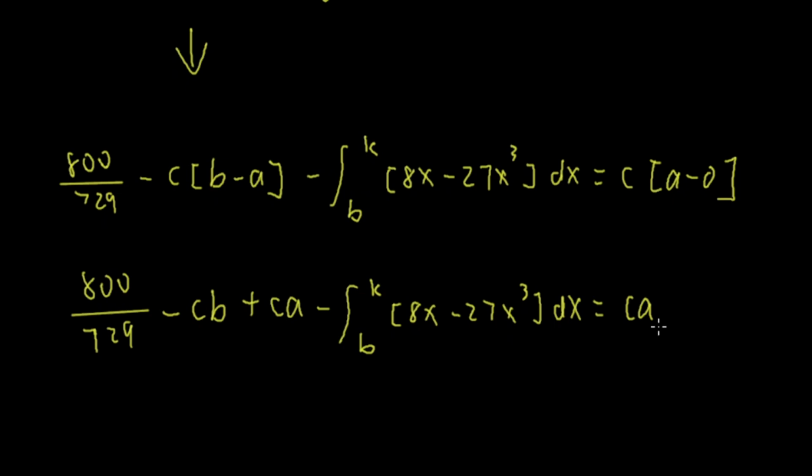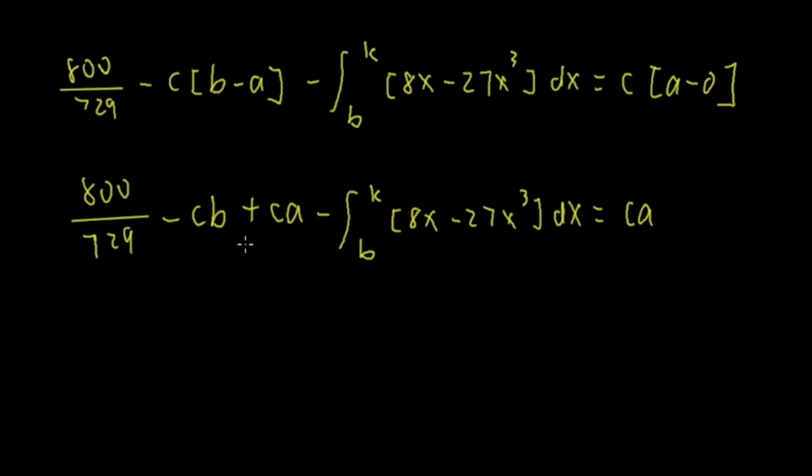Okay, now, notice that if I subtract c times a from both sides, I can cancel this out, right? But I want to move the c value to one side, so I can isolate c. Now this and this cancel out.